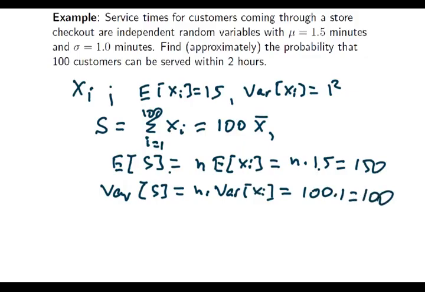Thus, we can state that S has approximately normal distribution with mean value 150 and variance 100. Now we're supposed to find the probability that 100 customers can be served within 2 hours, and 2 hours is 120 minutes. Therefore, we're supposed to find the probability that S is less than 120.